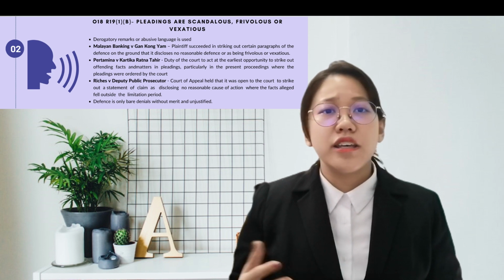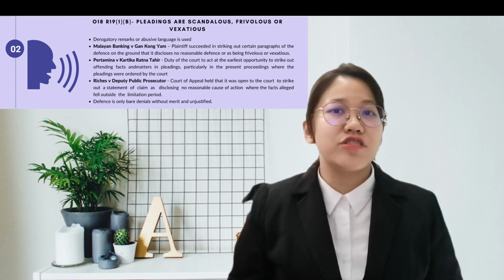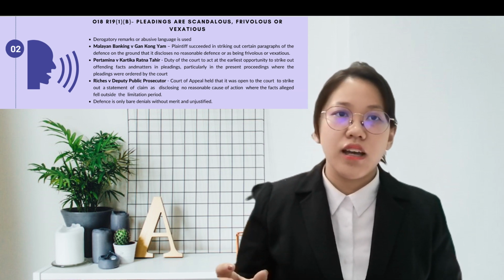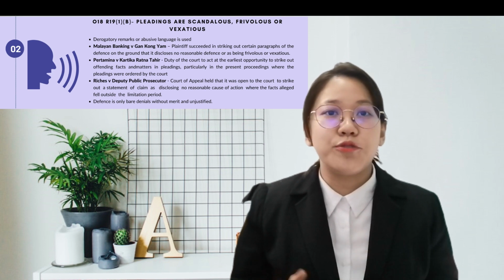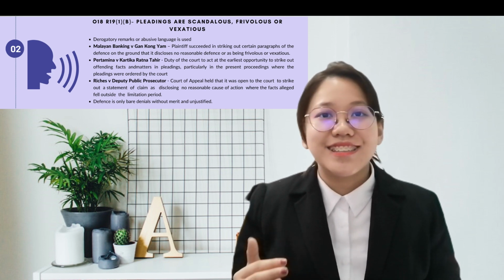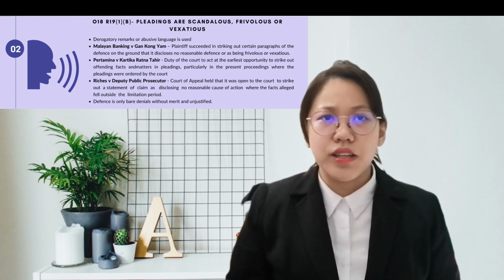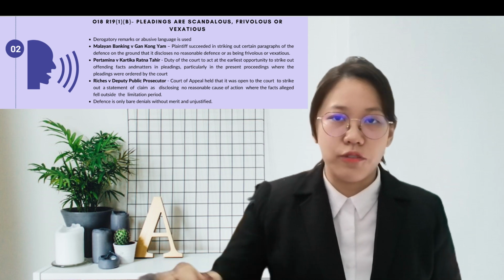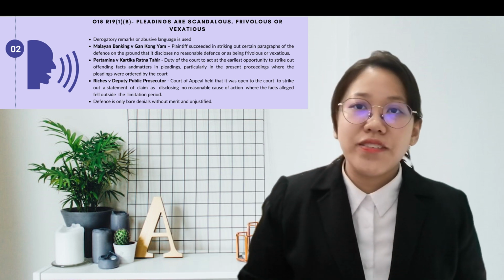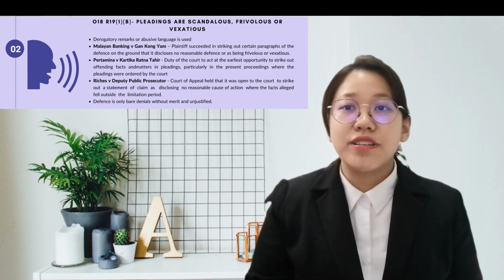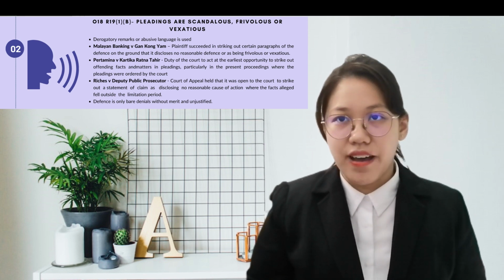However, where it was clear that the defendant was going to rely on the statute and there was nothing before the court to suggest that the plaintiff could escape from it, the claim could be struck off. So, the defense is a mere bare denial without merit and unjustified.